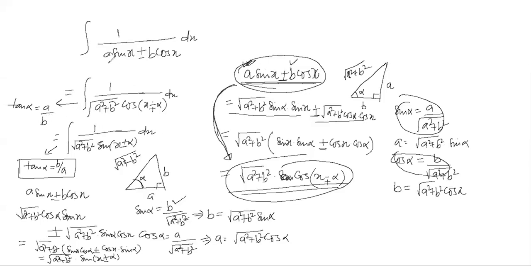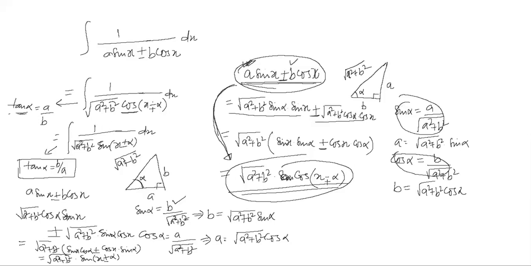If suppose you want to reduce a sin x plus or minus b cos x in terms of cos x, it is pretty easy. We just write root under a square plus b square cos of x minus or plus alpha, and we get the value of alpha by using the formula tan alpha equals a upon b.